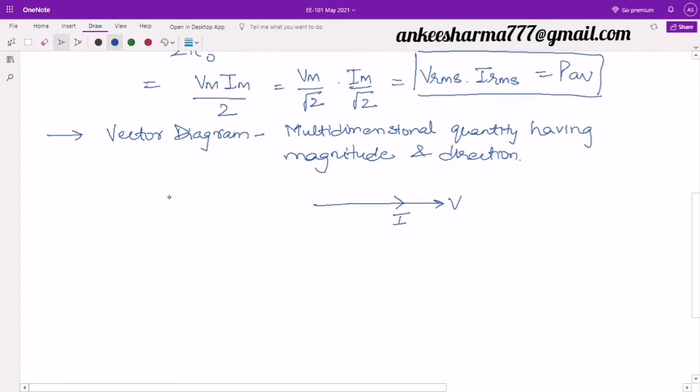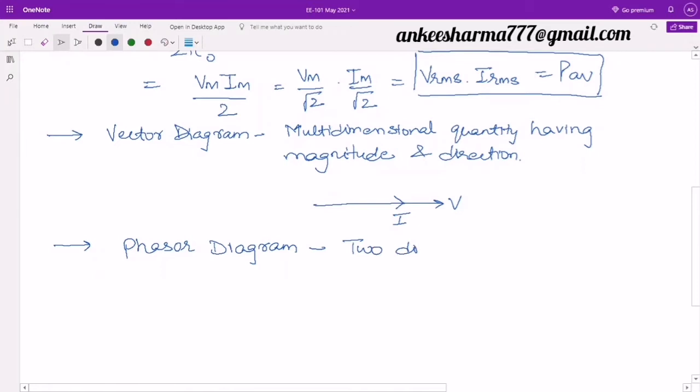Second, we have a phasor diagram. Now this phasor diagram is almost similar to a vector diagram, but a phasor diagram is a two-dimensional quantity.